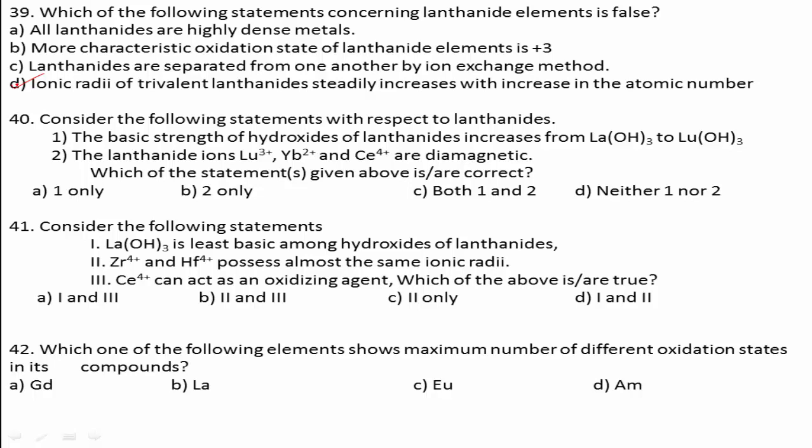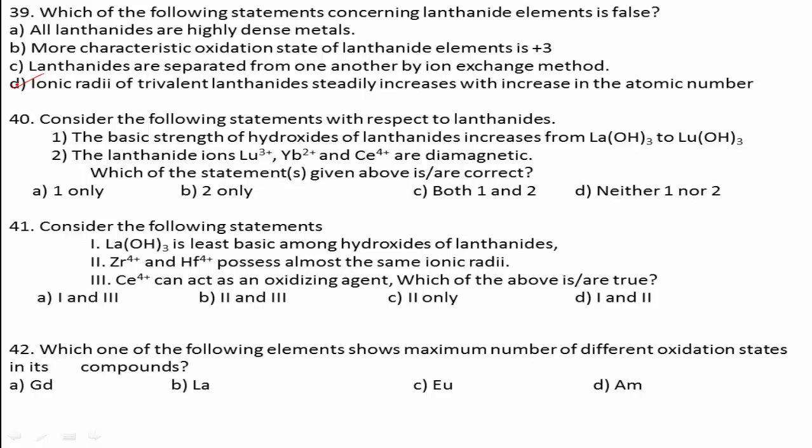Next, question number 40. Consider the following statements with respect to lanthanides. First statement, the basic strength of hydroxides of lanthanides increases from La(OH)3 to Lu(OH)3, lanthanum hydroxide to lutetium hydroxide.